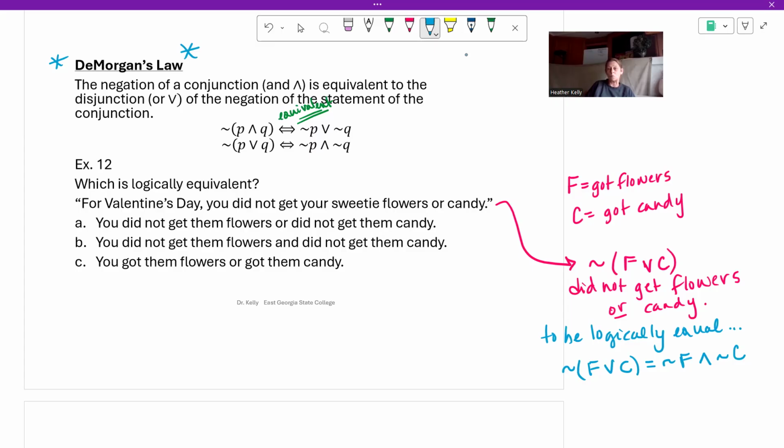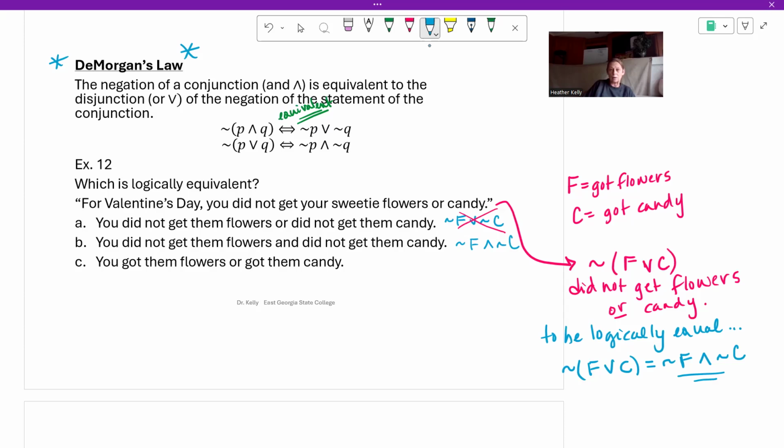So let's see which one is logically equivalent here. This one says you did not get them flowers or did not get them candy. So that's not flowers or not candy. That one's not it, because that's not logically equivalent. This next one says you did not get them flowers, not flowers and not candy.